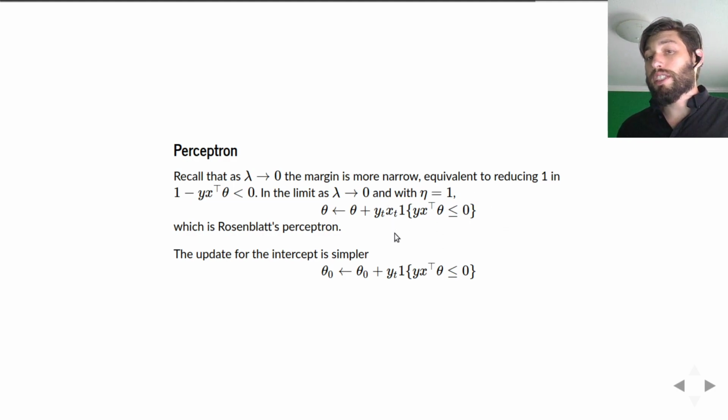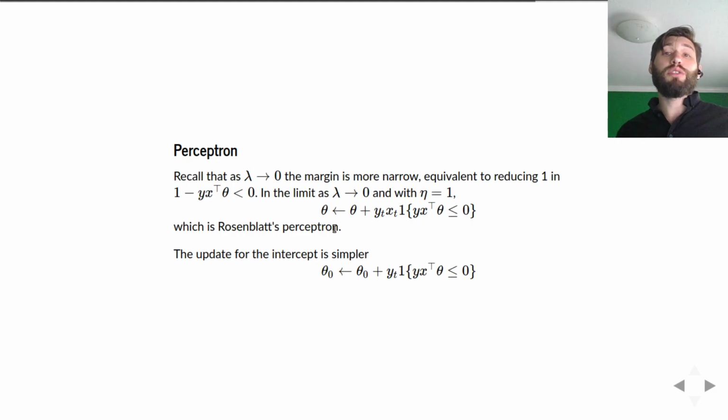So this is what happens if our prediction is incorrect. And so what we do is we take theta and add to it y_t times x_t. If y_t is positive, we move theta in the direction of the positives, and away from the negatives.